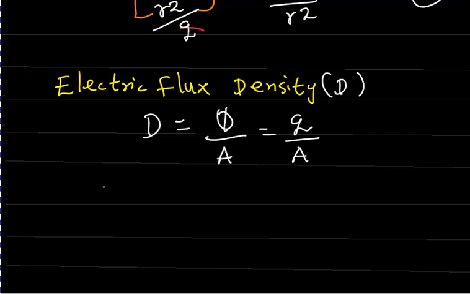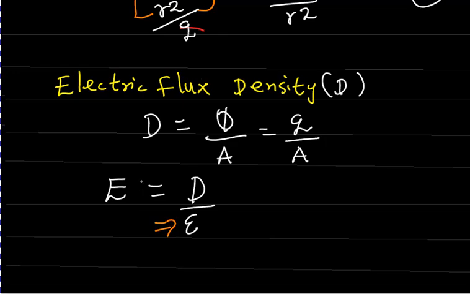Electric field is equal to the electric flux density divided by the permittivity of that particular medium where the electric field is being measured. And of course, you know that the symbol epsilon is permittivity.